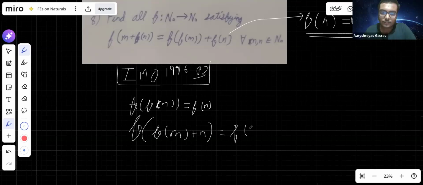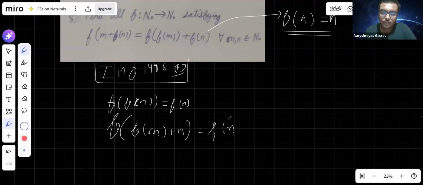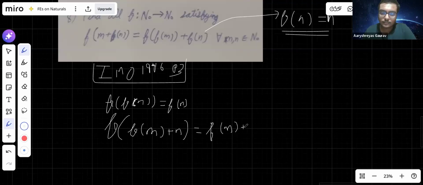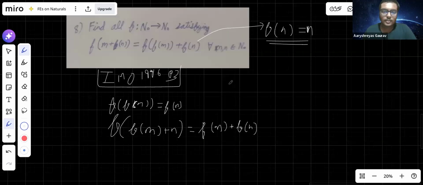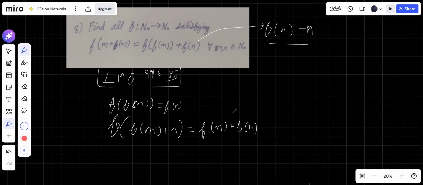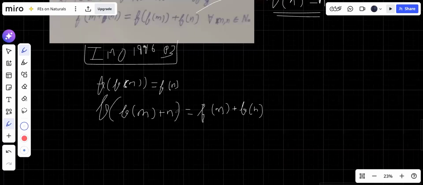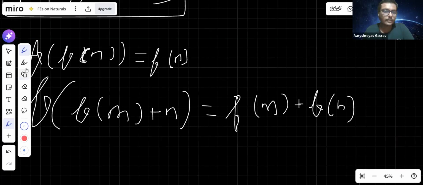Well, I understood what you were saying. That is an H, not N. Still not N. Okay. f of m plus f of n. Oh, here, okay, I see what you are saying. Let me erase it real quick.